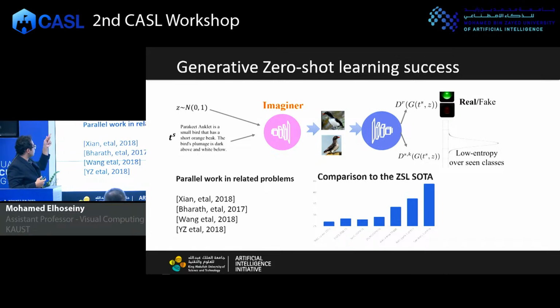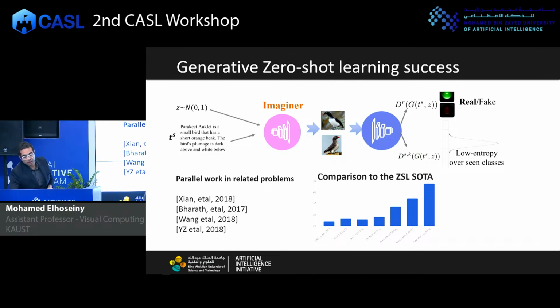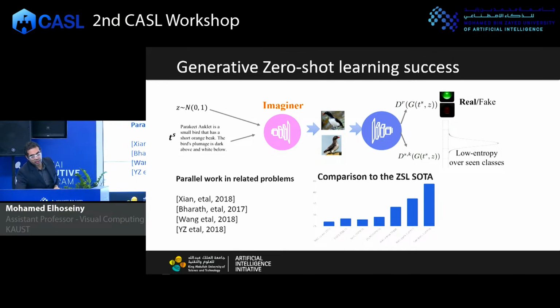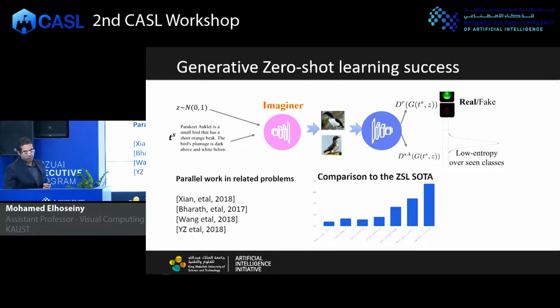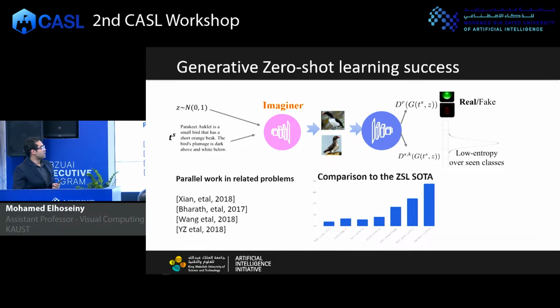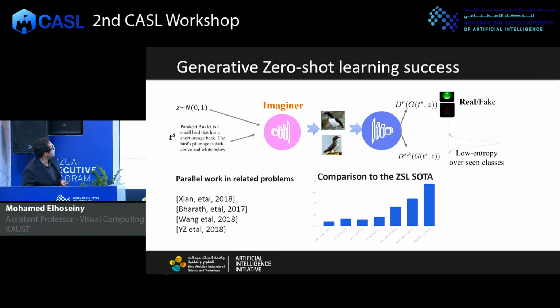In addition to training the generator to trick the discriminator into believing that it's real, we also want it to be predictive of the corresponding seen class. So there is an additional head.